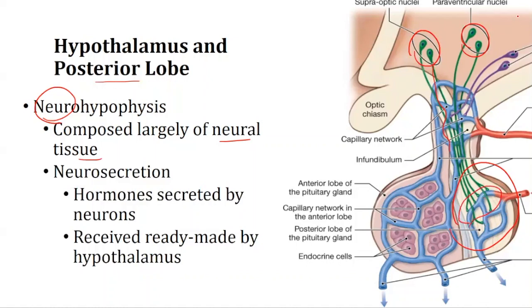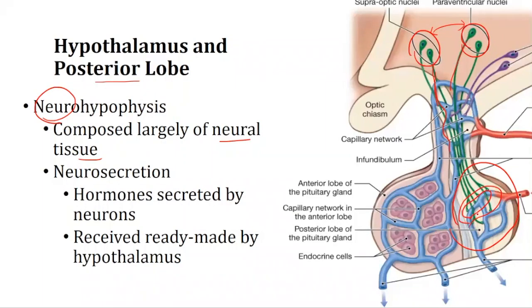So what are the functions of these nuclei, these specialized neurons? These are going to have hormones that are produced by hypothalamus. So once hypothalamus makes certain hormones, they are going to travel through these nuclei and go all the way to posterior lobe and get released in the capillaries of the posterior lobe.